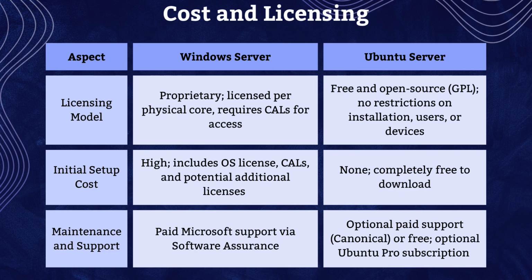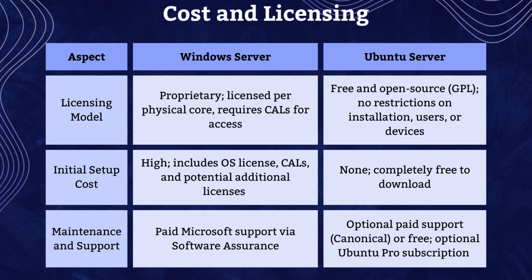Finally, maintenance and support. Windows Server offers professional support through the Microsoft Software Assurance Program, providing guaranteed service level agreements, timely updates, and integration with other Microsoft enterprise products like Office 365. Ubuntu Server offers more flexibility in this regard.